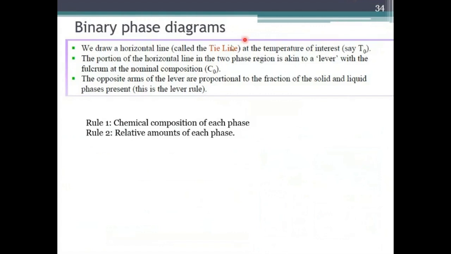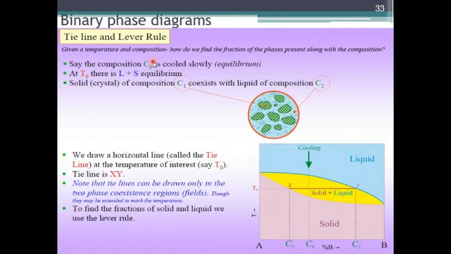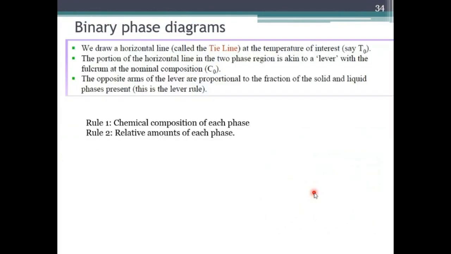The portion of the horizontal line in the two phase region is like a lever, with a fulcrum at the nominal composition. The opposite arm will be fractionally the solid and fractionally the liquid phase.